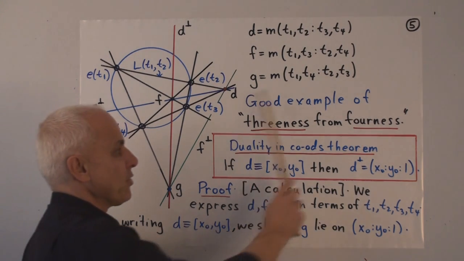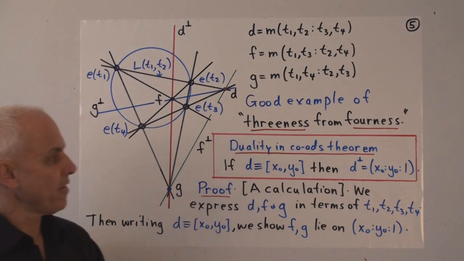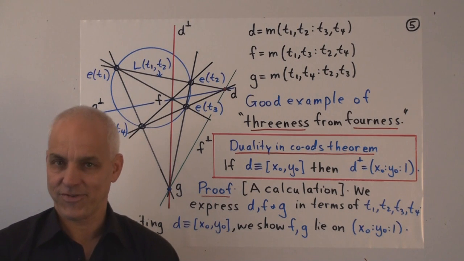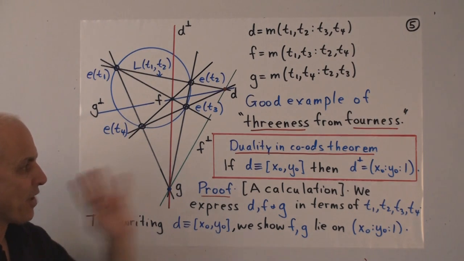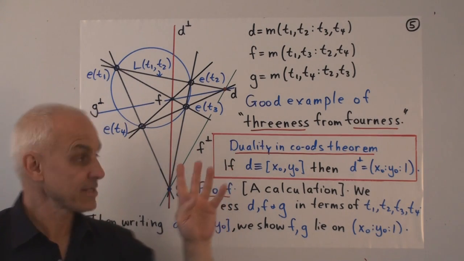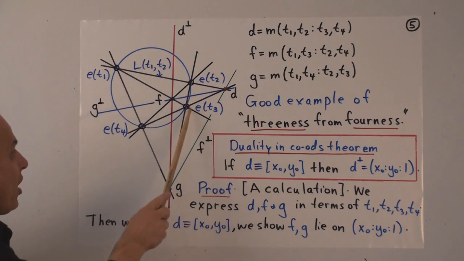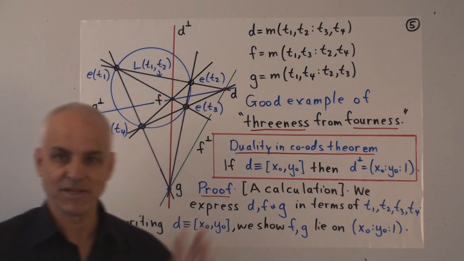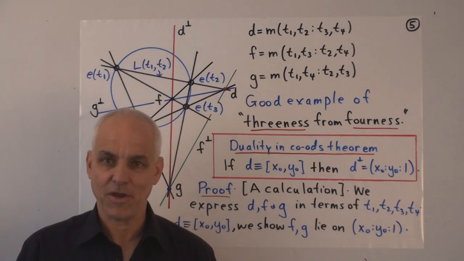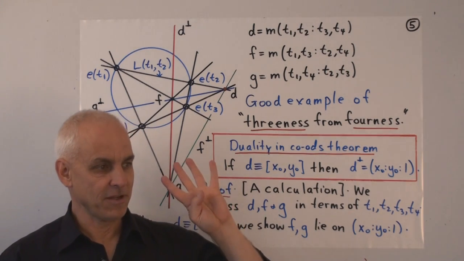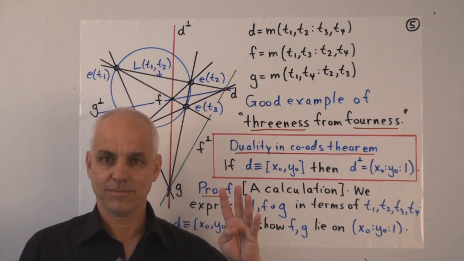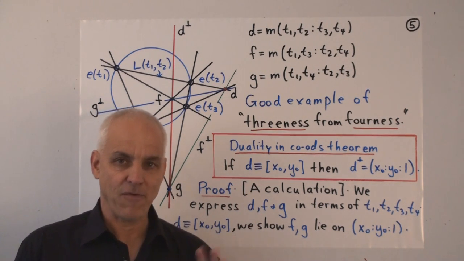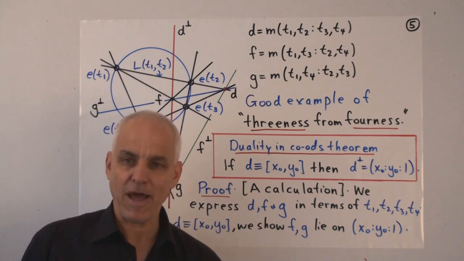This is an interesting and good example of what I might call threeness from fourness. Okay, so you have 4 things. In this case, the 4 points on the null circle, but it doesn't really matter what they are. And from this collection of 4 things, you want to get 3 things. So you might think that 3 and 4 are somehow incompatible.